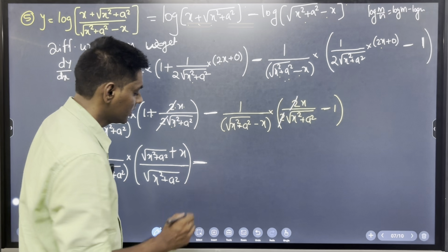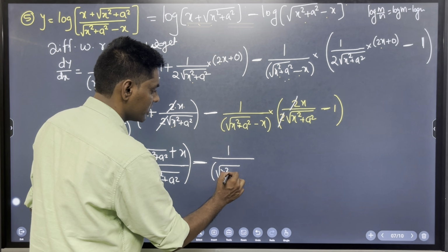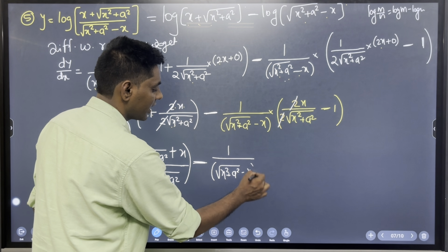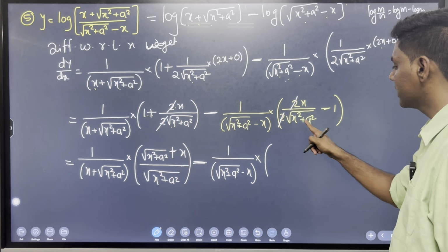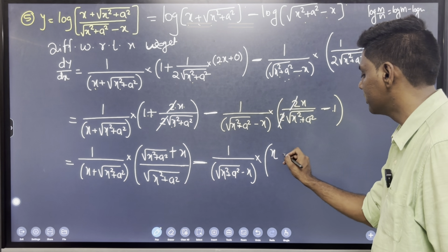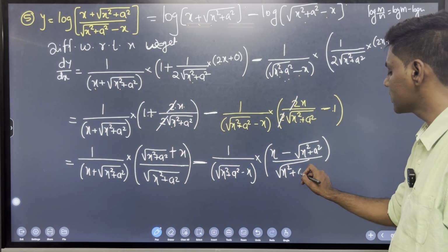Next minus, in a similar way 1 upon under root, the denominator term as it is, bracket complete, into taking the cross multiplication of these terms. When we multiply the root, it becomes minus under root of x square plus a square divided by under root of x square plus a square.